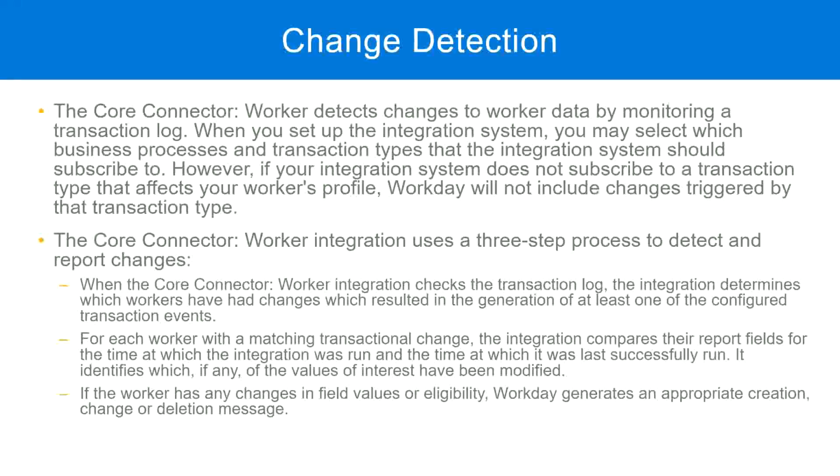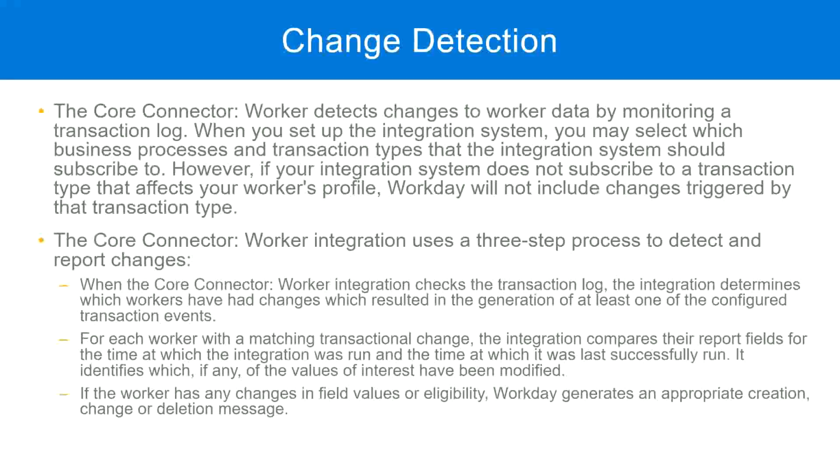Are the changes related to the changes that I'm looking for? Let's say the integration is only looking for hires and terminations. Did this worker have any change in terms of hire or termination? It looks at the transaction log and tries to find out.